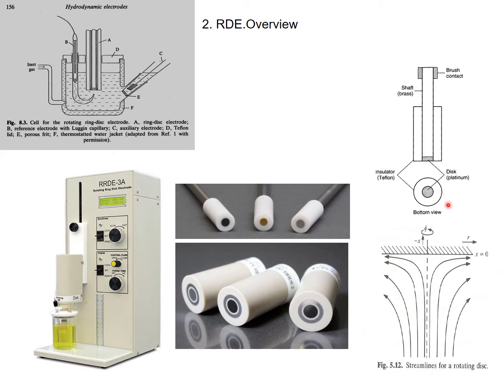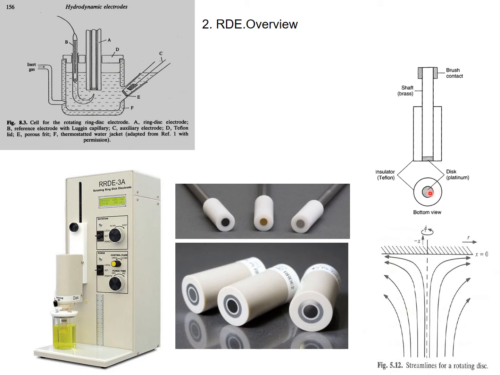From the bottom view you can find the disc of platinum or glassy carbon or gold. And then by using the electric motor we will rotate this shaft, and resultantly we will rotate this disc electrode in this way.